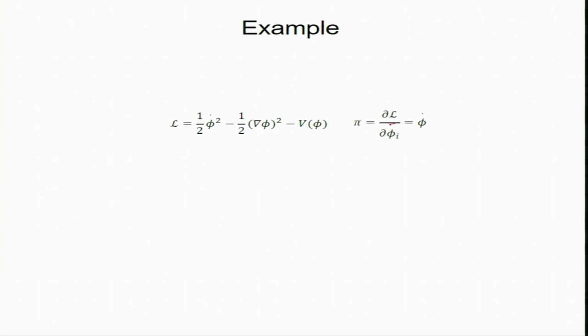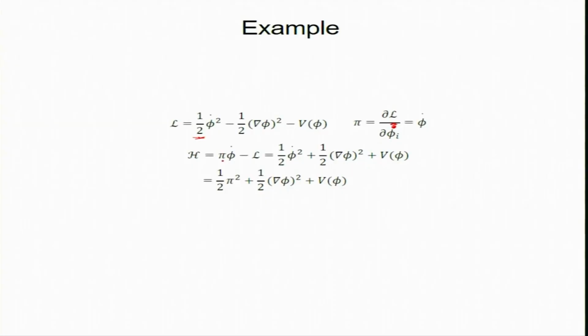So delta L delta phi i dot acts on the derivative term, phi i dot squared, so you take the derivative and I get phi dot. So pi is nothing but phi dot, just like momentum is x dot. The formalism is in fact motivated from particles.